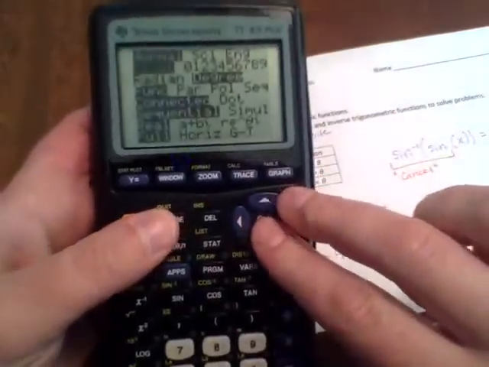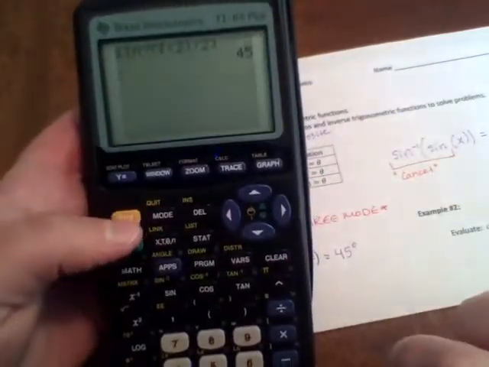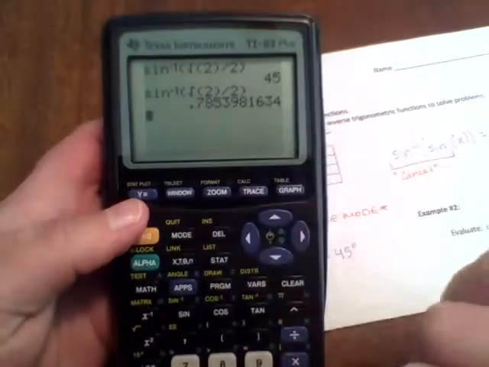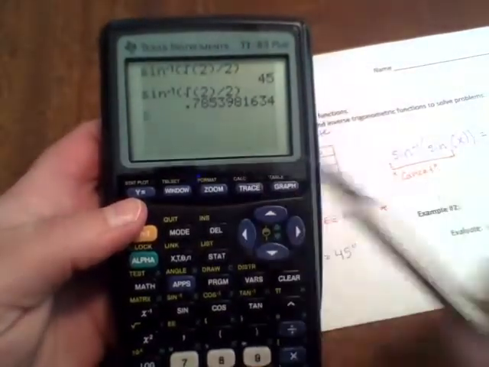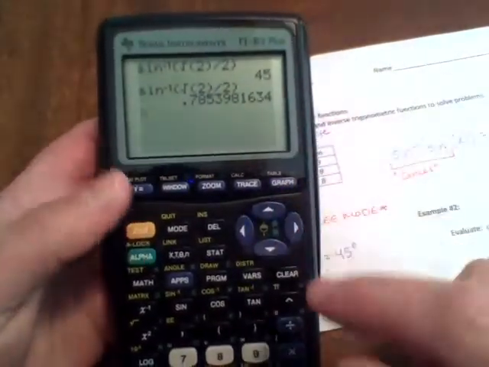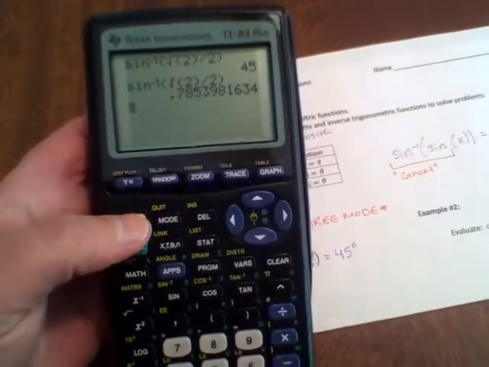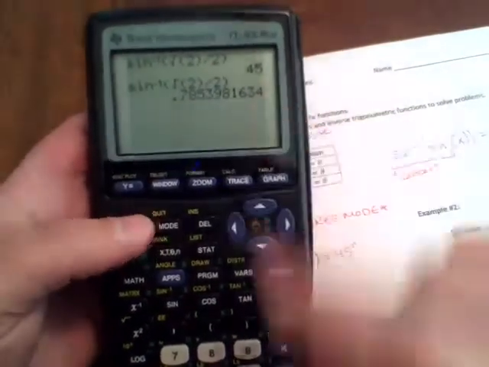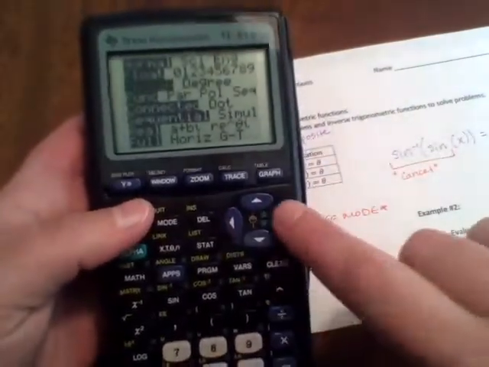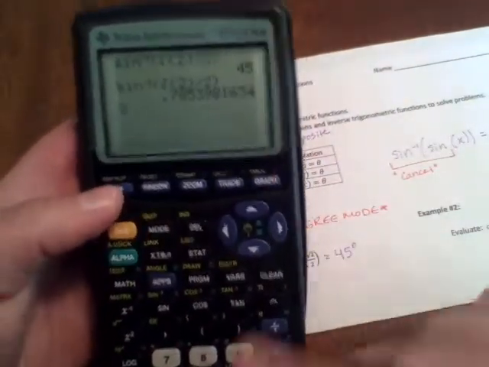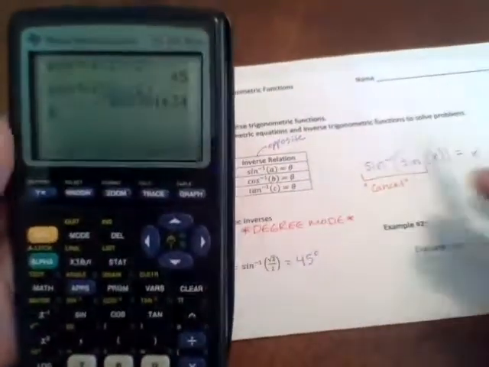Again, if you were in radian mode, you would have gotten 0.7853, which is not a degree. It is part of what we will learn if you advance to pre-calculus, with the unit circle. But right now we are going to be in degree mode, and so we understand that that rotated 45 degrees.